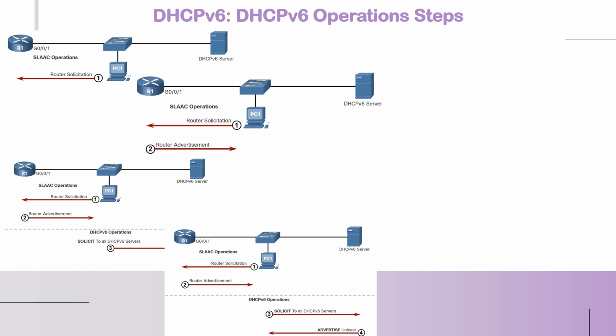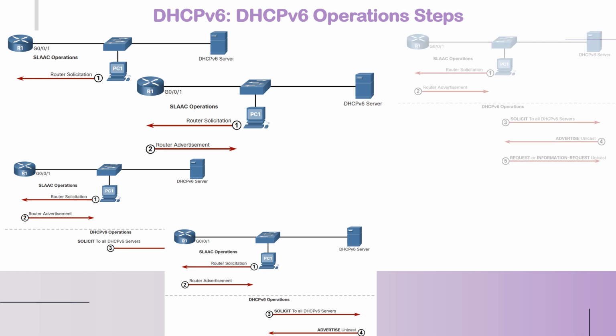And step number 5 is the host responding to a DHCP version 6 server, because PC1 now will respond depending on whether it is using stateful or stateless DHCP version 6. If it is using stateless DHCP version 6, the client creates an IPv6 address using the prefix in the router advertisement message and a self-generated interface ID.